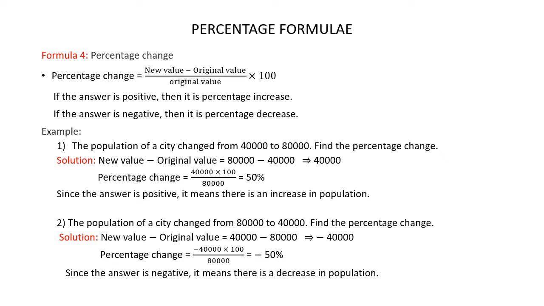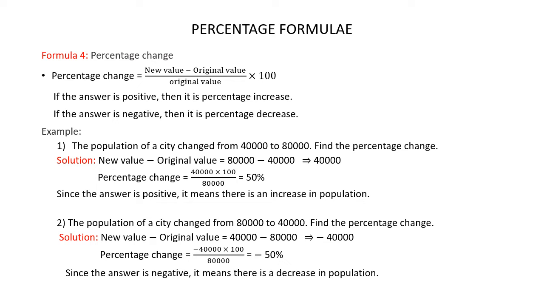The population of a city changed from 40,000 to 80,000. Find the percentage change. Here the original value is 40,000. New value is 80,000. Now we know that percentage change is equal to new value minus original value divided by original value multiplied by 100.